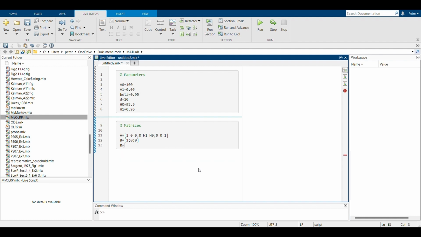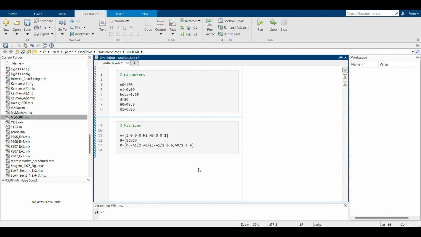R. 0, minus A1 over 2, A0 over 2. This was the first row. The second row, minus A1 over 2. It is supposed to be symmetric. A0 over 2, 0, 0.